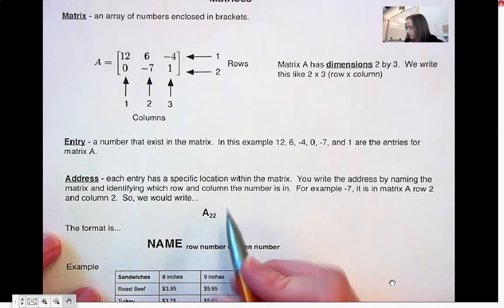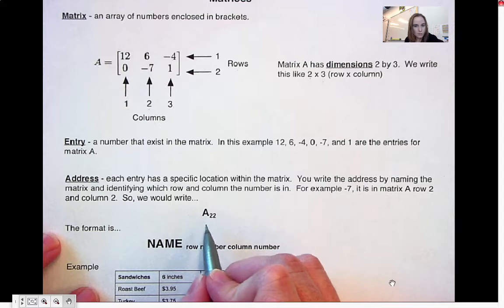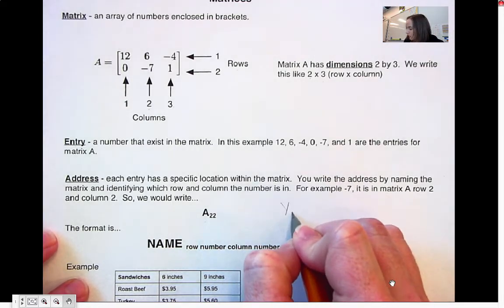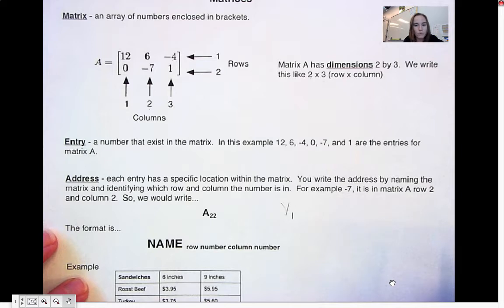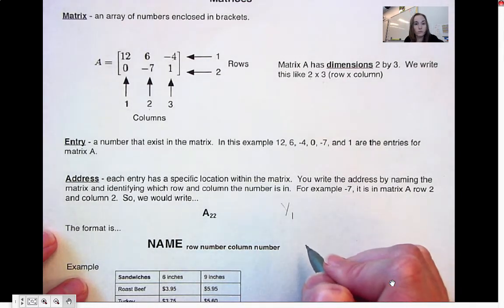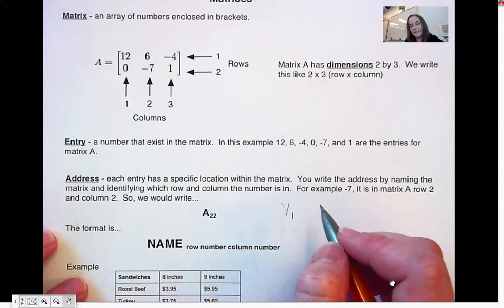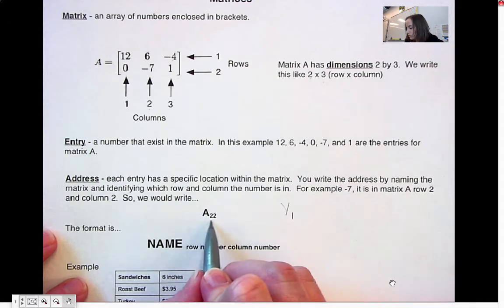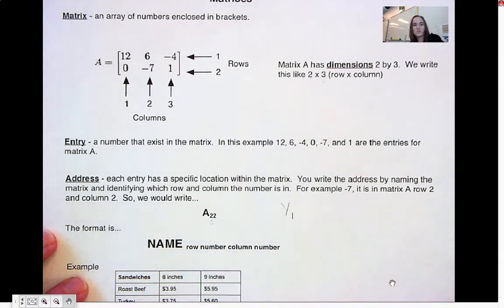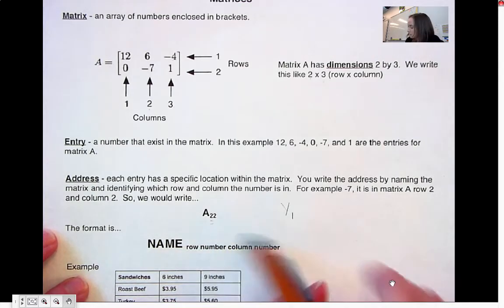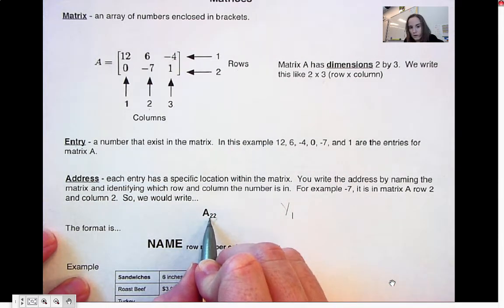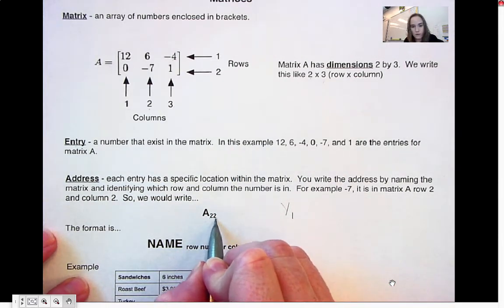A, and then you're naming something, just like when we say y sub 1, and I say that's the y value from point 1, it tells you which one you want to use. So anytime you're naming something, you'll use the subscript, not an exponent. Exponents are superscripts.